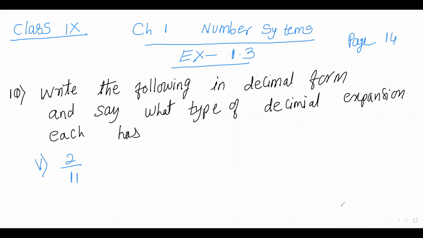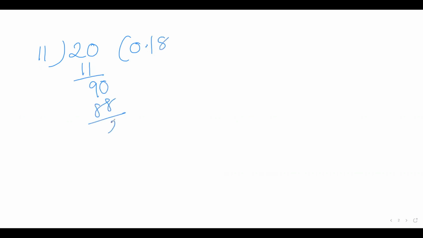So last one, sorry, we have one more, 2 by 11. I'm going to divide 2 by 11 here. 2 divided by 11, put a point, you will get 0. 11 ones are 11, 9 is the remainder. With this point, I can put 0. 11 eights are 88, 2 remainder. With this point, 0. 11 ones are 11. 9 is the remainder. Put a point, 0. 11 eights are 88. Again, 2 is the remainder.